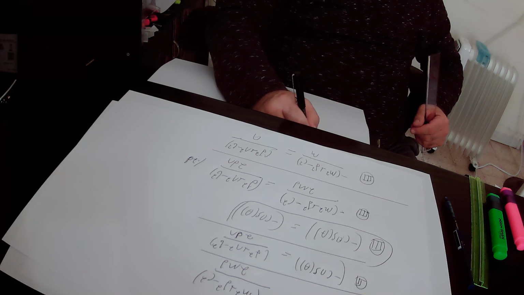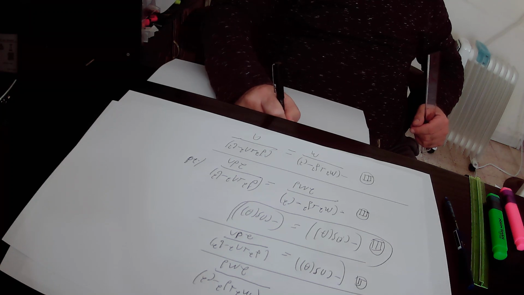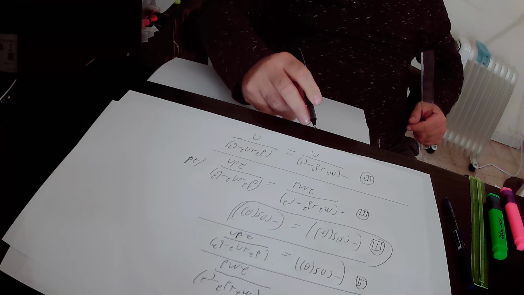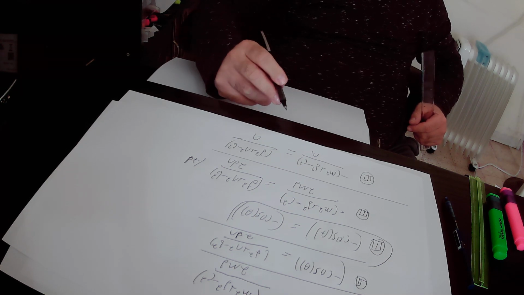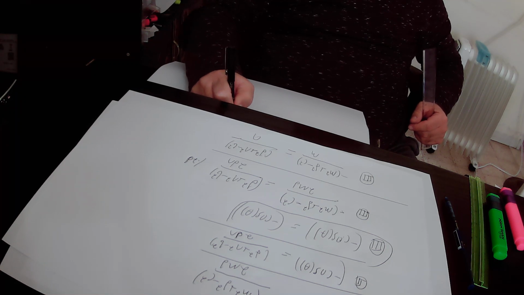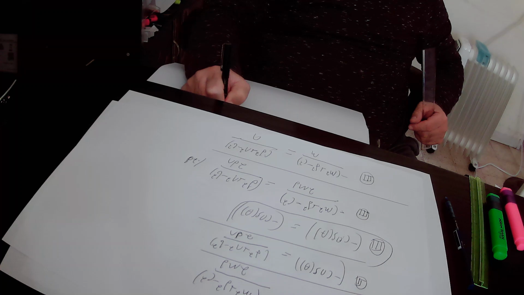Inside the brackets we have m squared plus d squared minus c squared, and it is equal to m. Inside the brackets we have d squared plus n squared minus b squared.